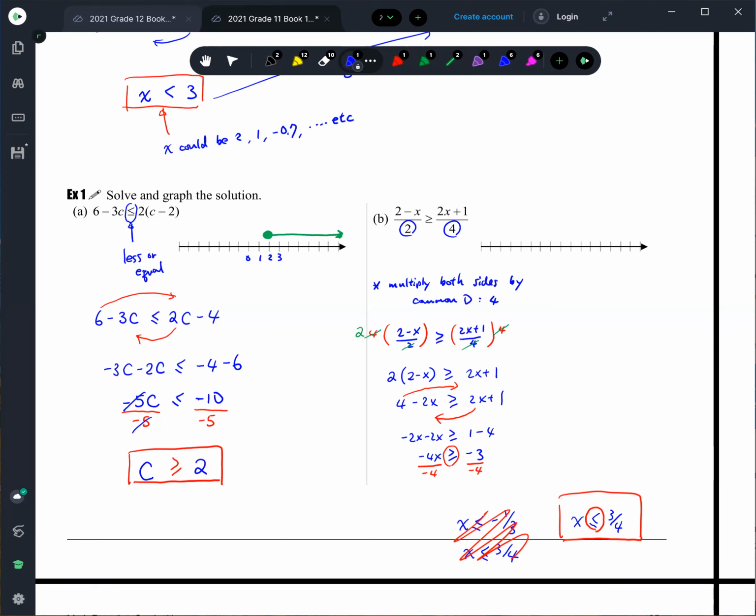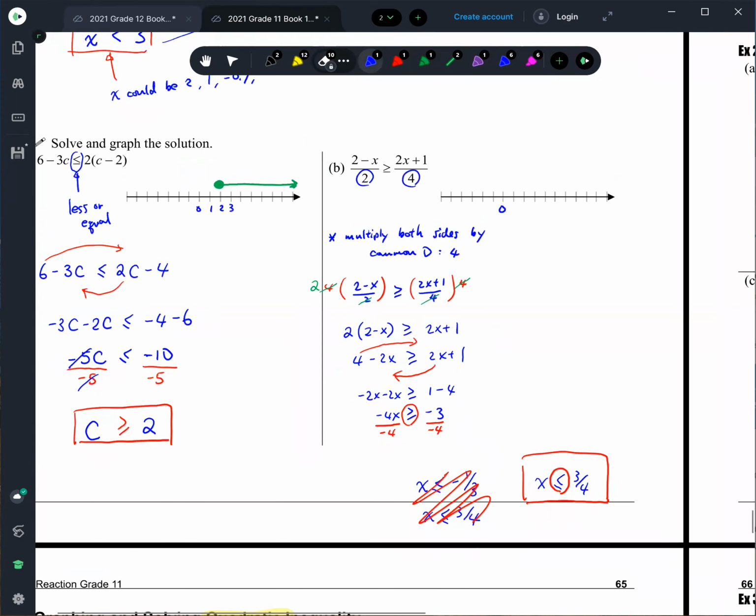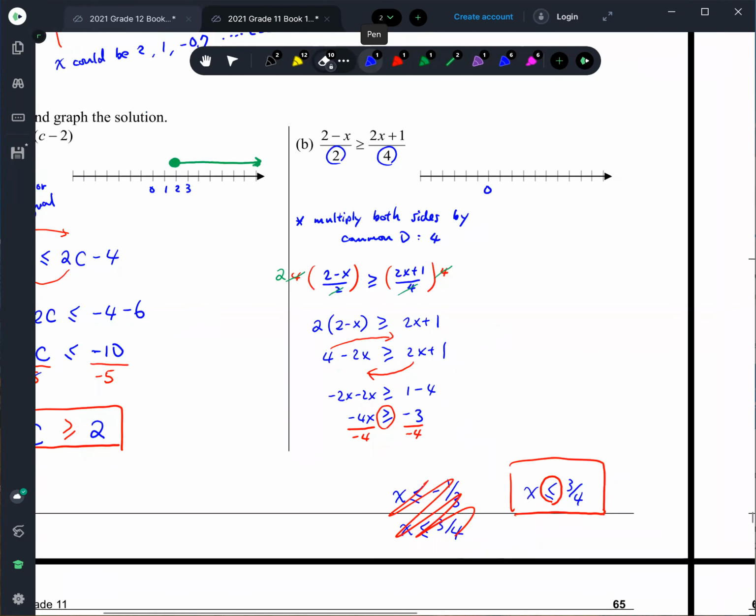Okay, so you can have 0 here, and then you count 4 spaces. 1, 2, 3, 4, and then you call that a 1. Every 4 spaces will be 1.